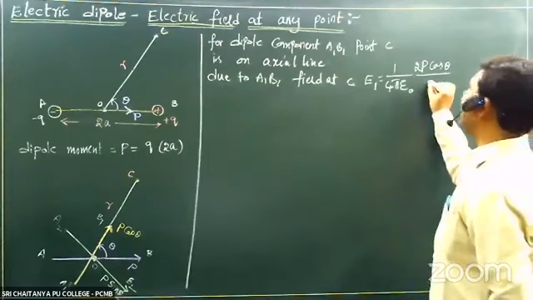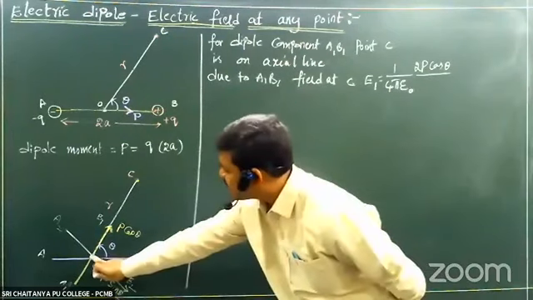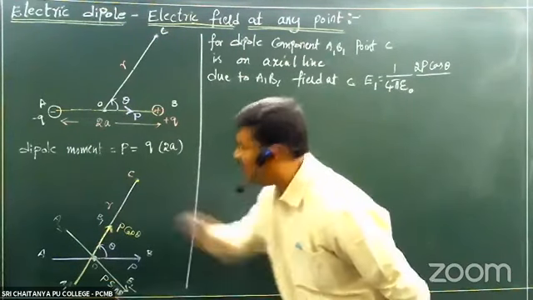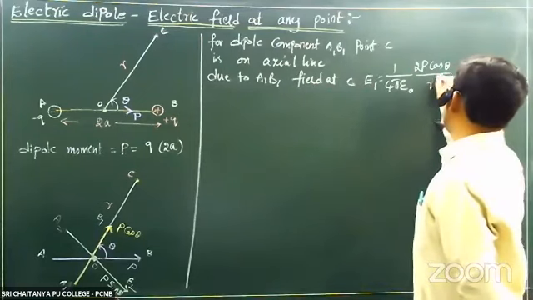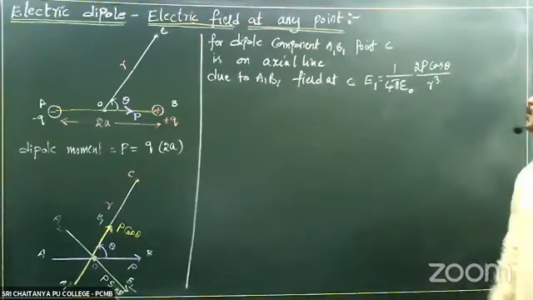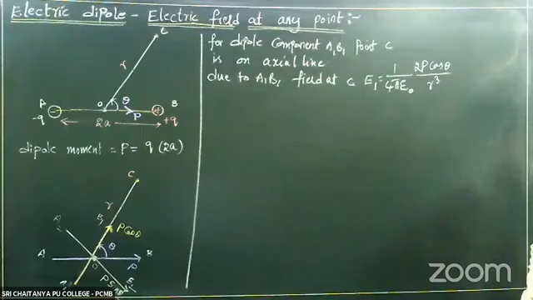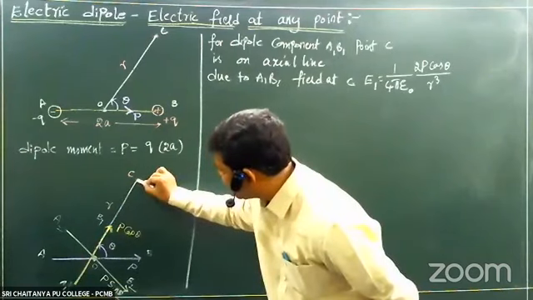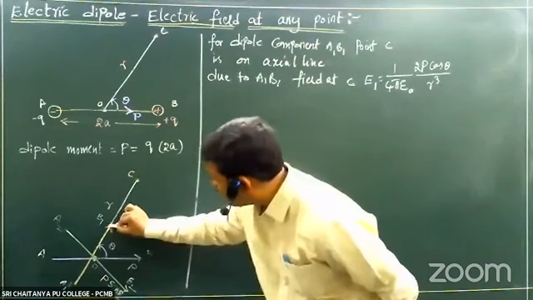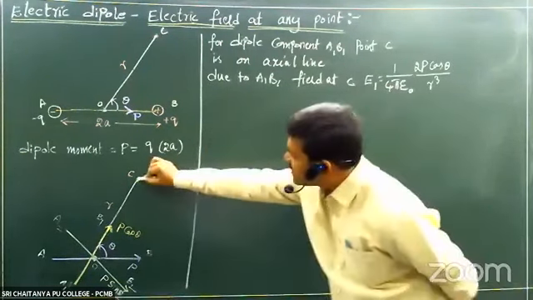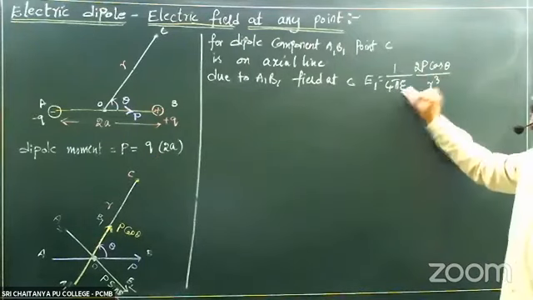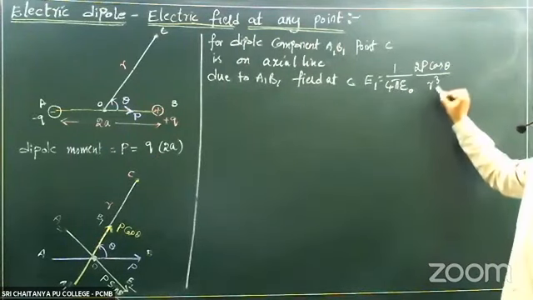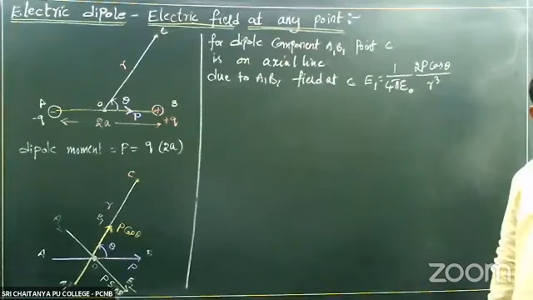By, what is the distance from the center of this dipole to this point? R. 2P cos theta by R cube. Is this point clear? For this dipole, it comes on axial line. So due to this dipole, what is the field at this point? 1 by 4 pi epsilon naught 2P cos theta by R cube.